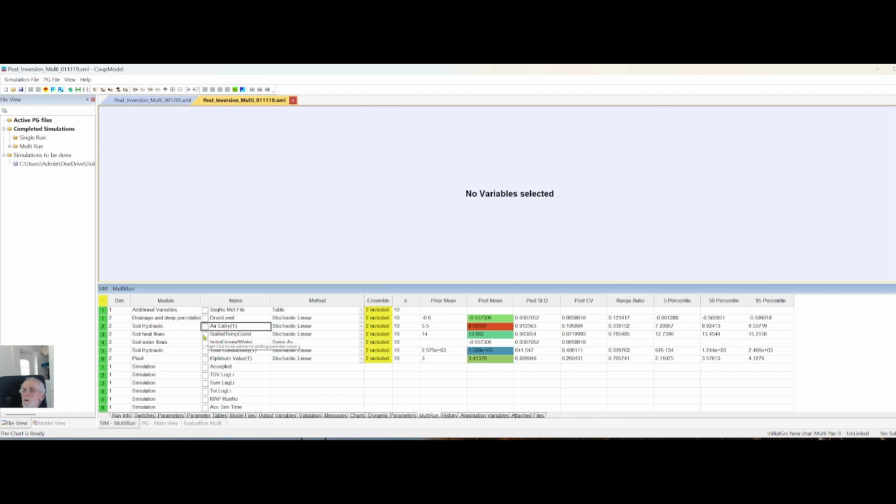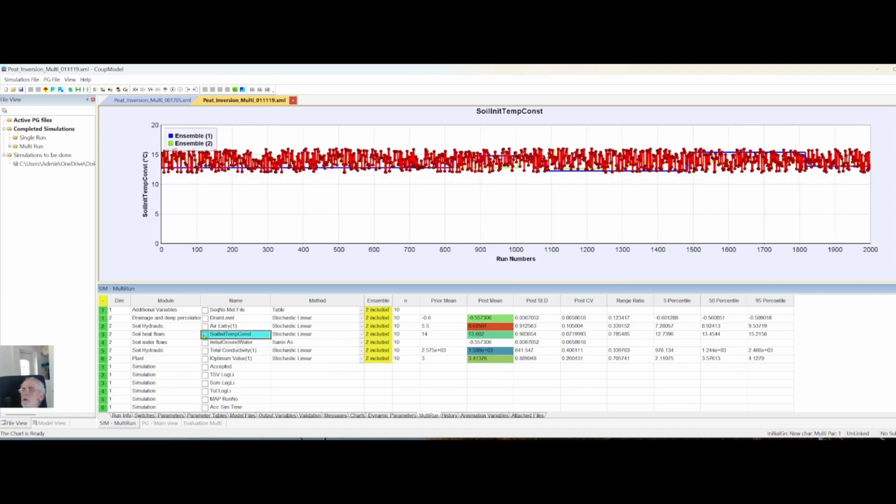If I look to init temperature, it's not so easy to see, but it looks like they are in both ways. We could actually view this in another way, and that's done by going to this short actions.